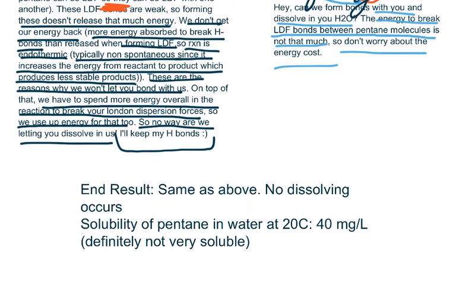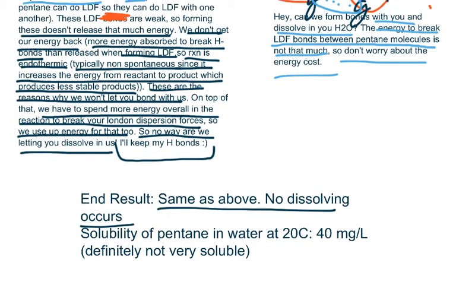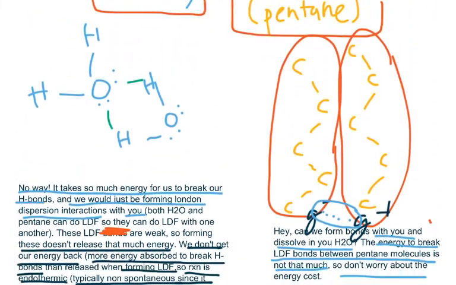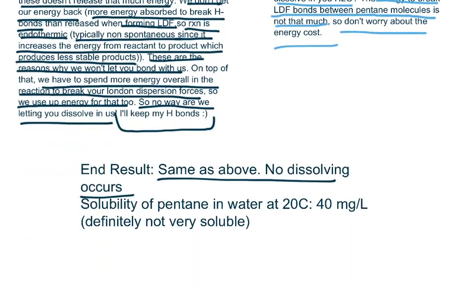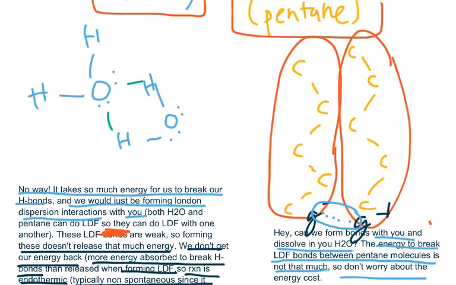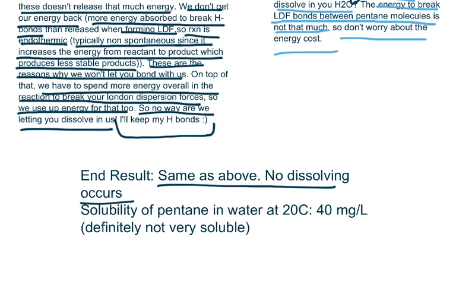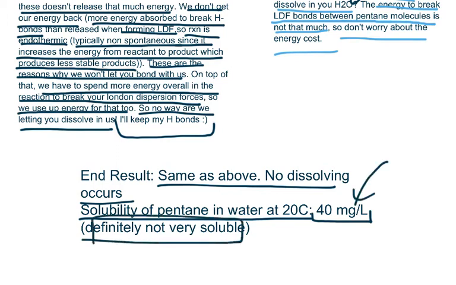So the end result is the same as above. No dissolving occurs because pentane failed to convince H2O that it was worthy of dissolving in it. So because of that, the solubility of pentane in water at 20 degrees Celsius is only 40 milligrams per liter, and this is very, very little, so it's definitely not very soluble.